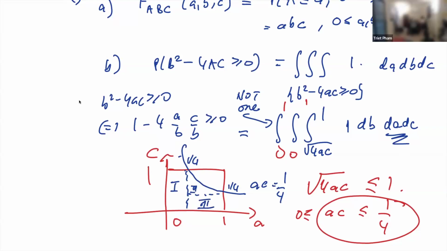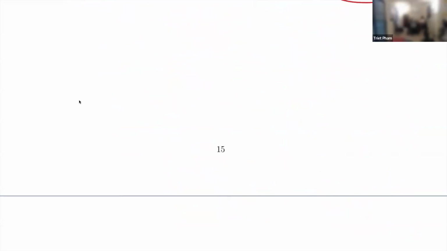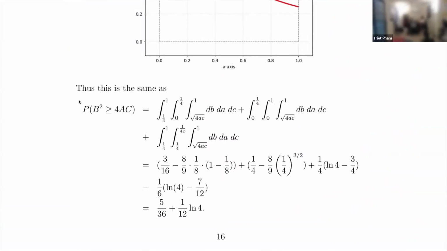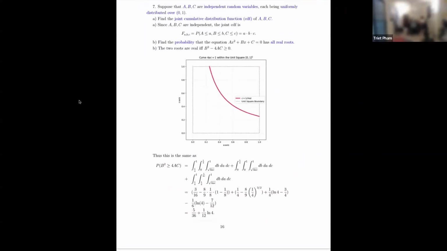You understand? And so something like that will be the triple integral that we're dealing with. Any question?